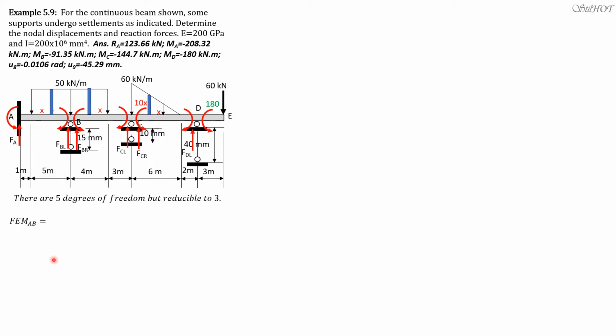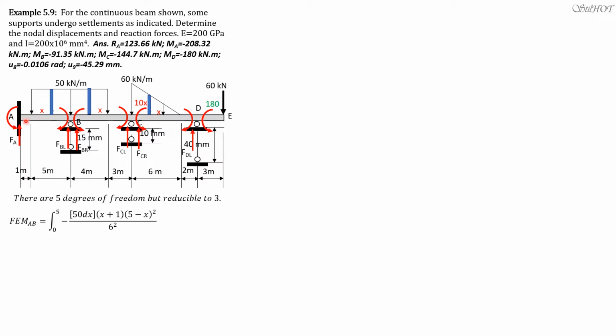So we are now ready to compute fixed moment AB, which is equal to the integral 0 to 5 of 50 dx times x plus 1, 5 minus x quantity squared over 6 squared. This is expected counterclockwise. Then the sideway moment, in this case the formula is negative 6EI delta over L squared.